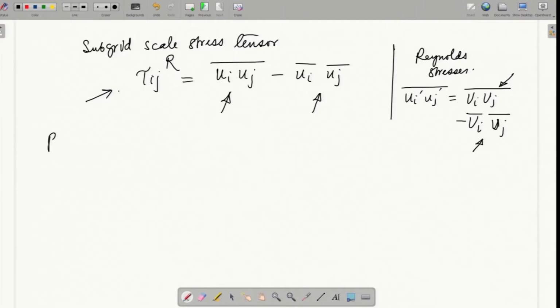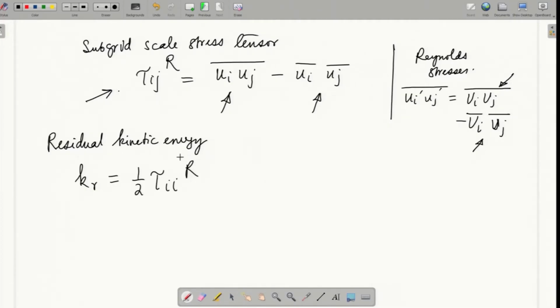Based on that, we have a definition for the residual kinetic energy. That means, the kinetic energy contained in the unresolved scales, which comes from the tau i j R tensor by just looking at its diagonal components.